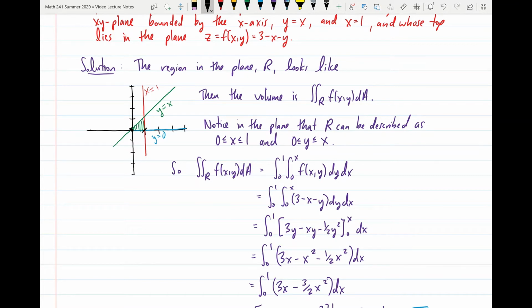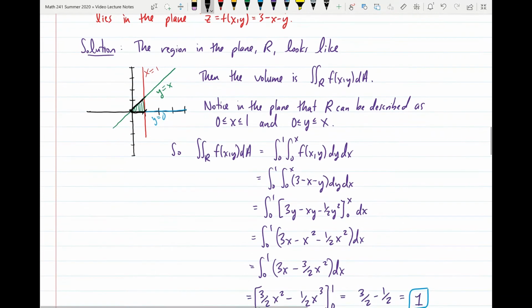So again, y is going to be bounded above by this line y equals x, and it's going to be bounded below by the x-axis. So y has to be between 0 and x. And this is what I mean by y being bounded by functions of x. So you can think of g sub 1 of x is equal to 0 in this case, which is less than or equal to y, which is less than or equal to g sub 2 of x, which equals x in this case.